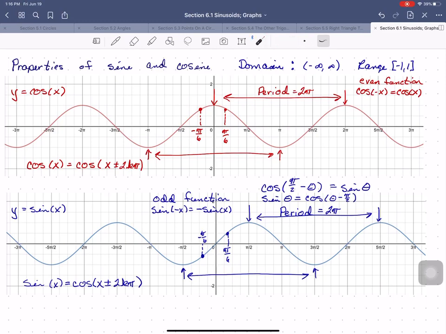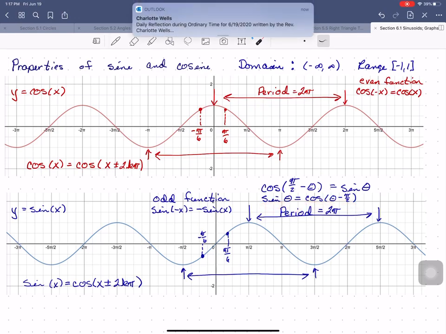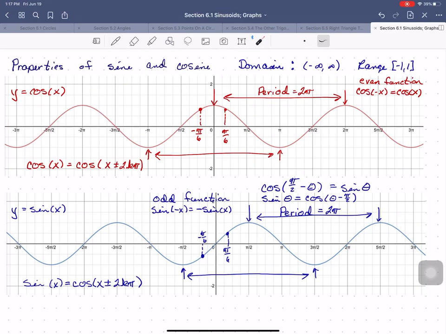If you remember your transformations, this suggests that the sine function is really the cosine function shifted right pi over 2 units, or rather the cosine function is really the sine function shifted left pi over 2 units. And in fact, that is the truth. That is the relationship between these two curves.